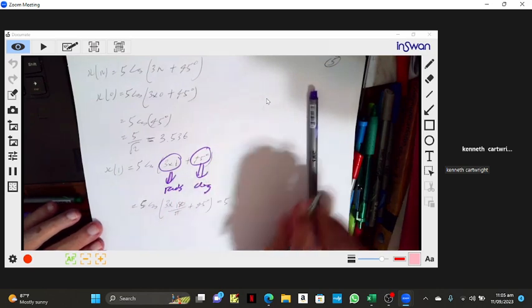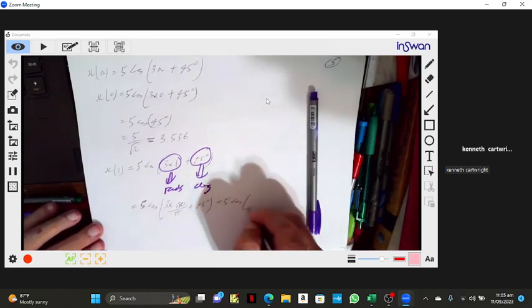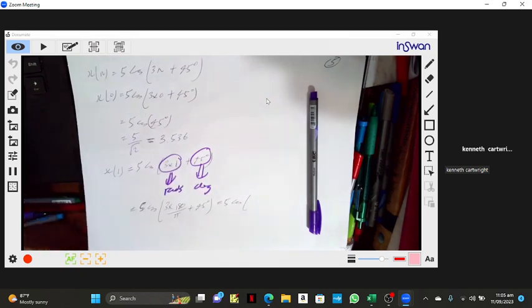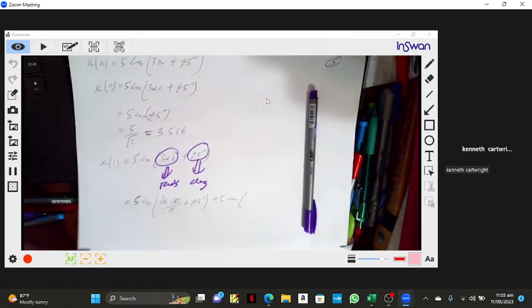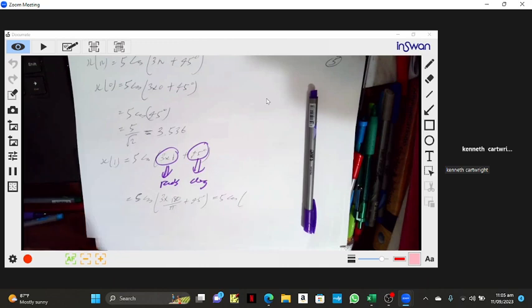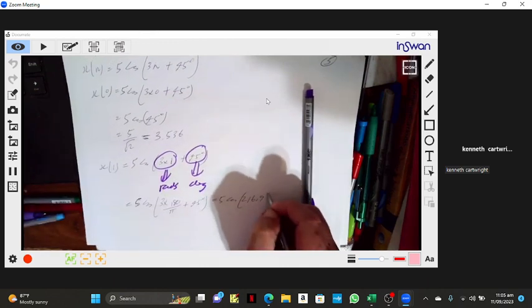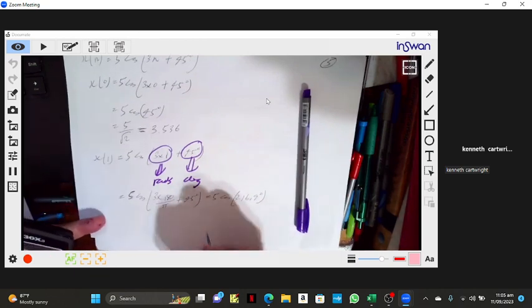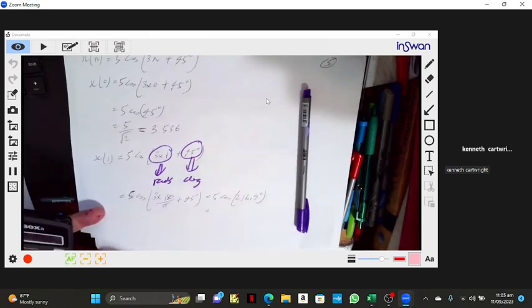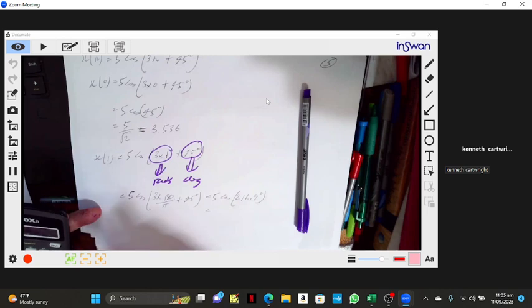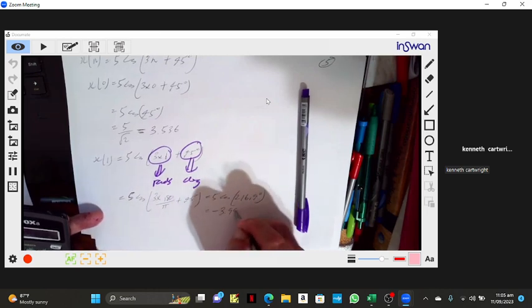which would be 5 cosine 216.9 degrees, which is negative 3.999.